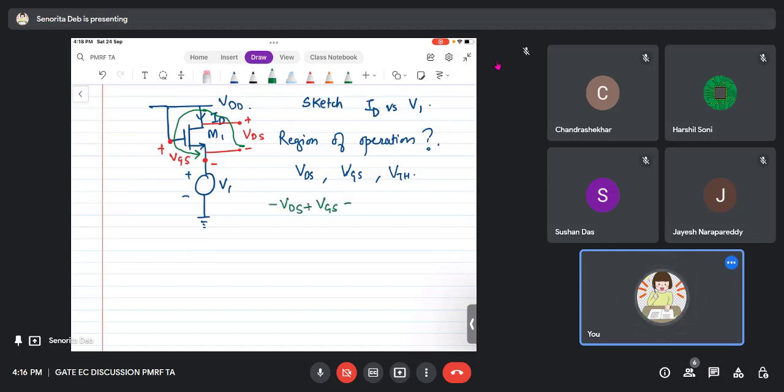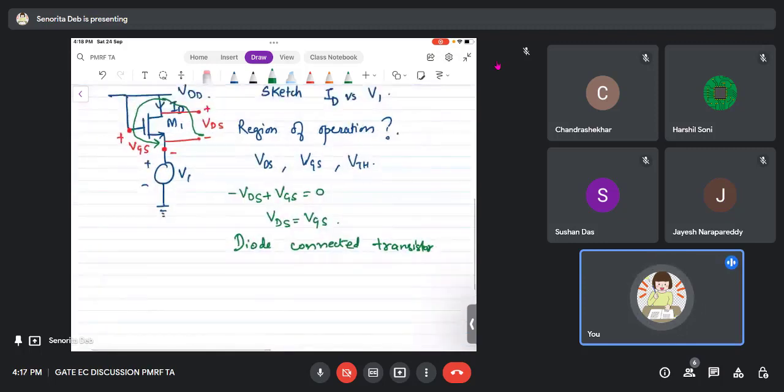So what I have done: minus VDS plus VGS equals 0. So basically VDS equals VGS. This you have seen in BJT also. This is called a diode connected transistor, where your gate and drain are connected to each other.